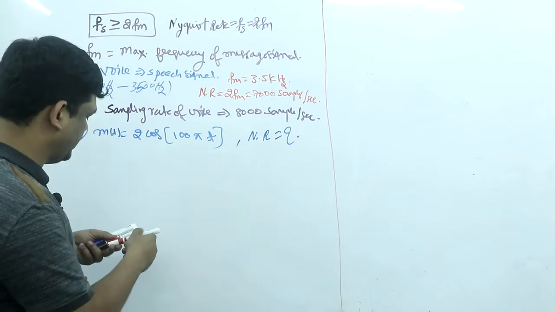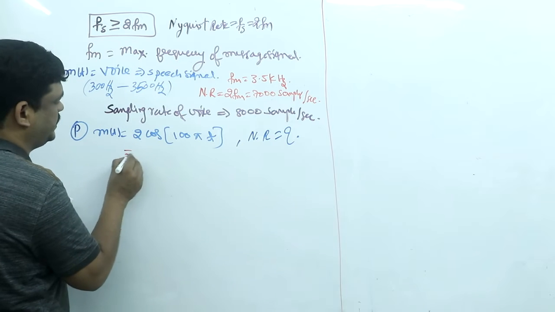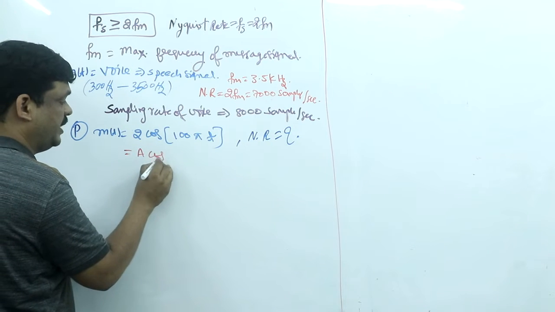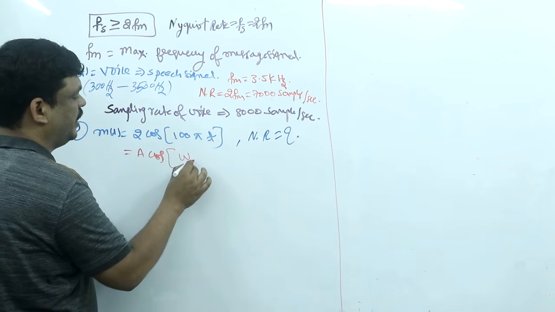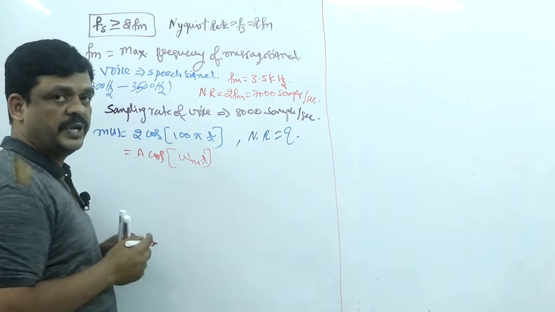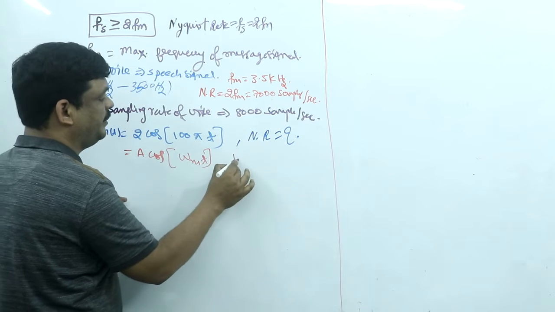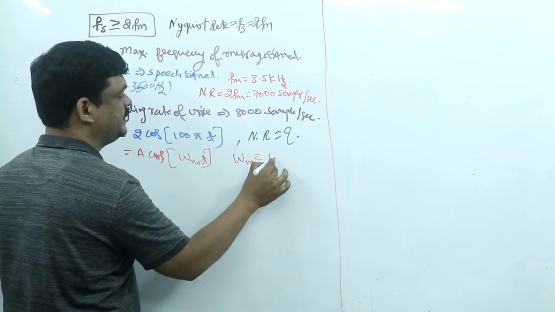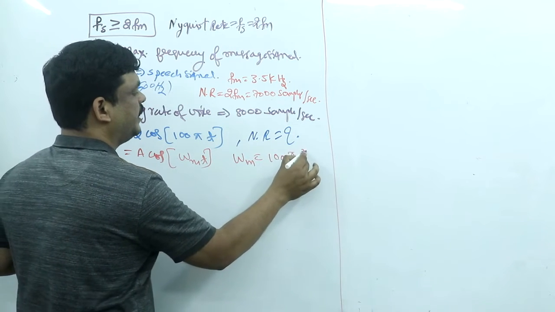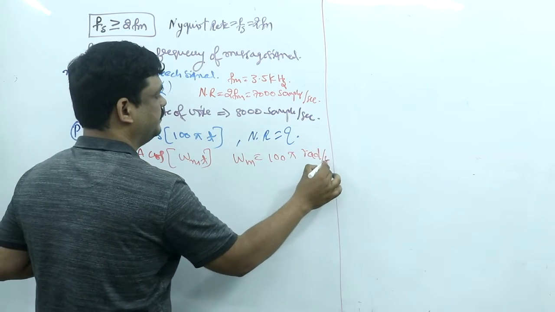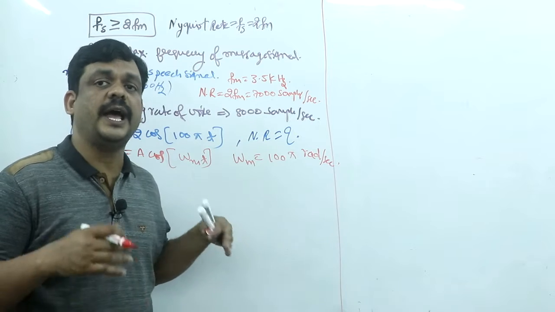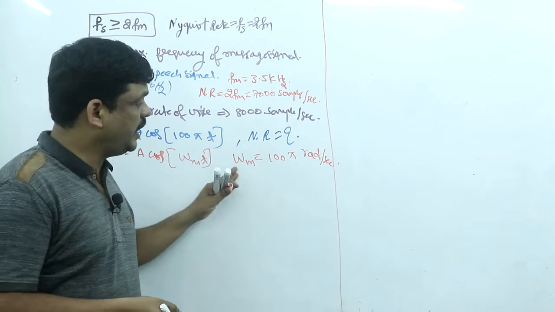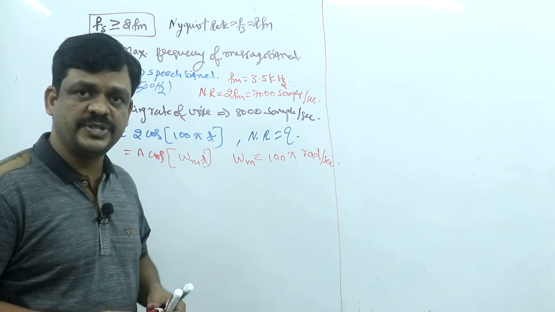For that purpose, I am assuming this signal is defined like the standard sinusoidal signal equation, A cos omega m t. So what is omega m here? Omega m is 100 pi radians per second. Omega is nothing but angular frequency, so the angular frequency is 100 pi radians per second.